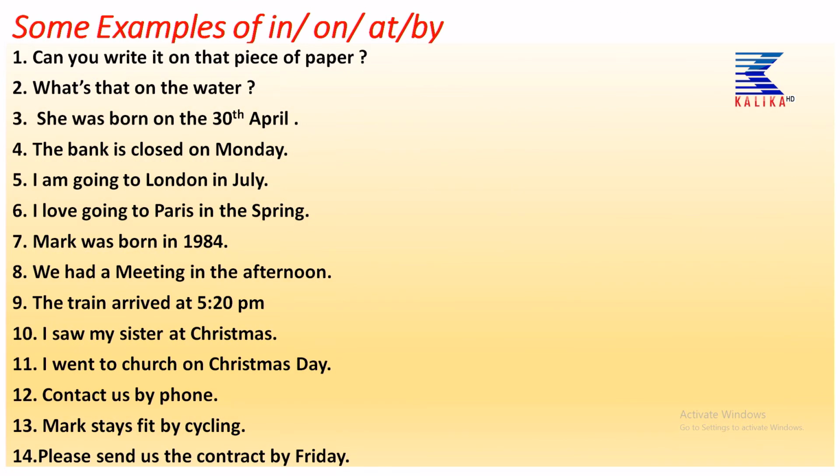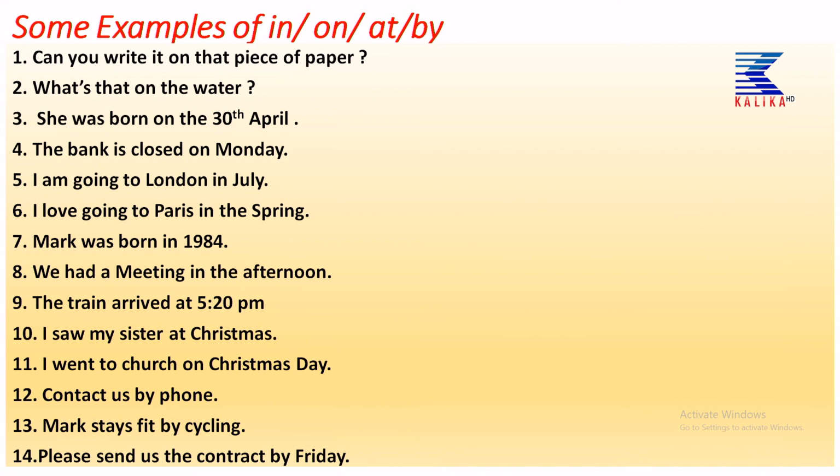Children, so we have some more examples of in, on, at, by. So, here we go. Can you write it on that piece of paper? So, here on is the preposition. Was that on the water? She was born on the 30th April. The bank is closed on Monday. I am going to London in July. I love going to Paris in the spring.